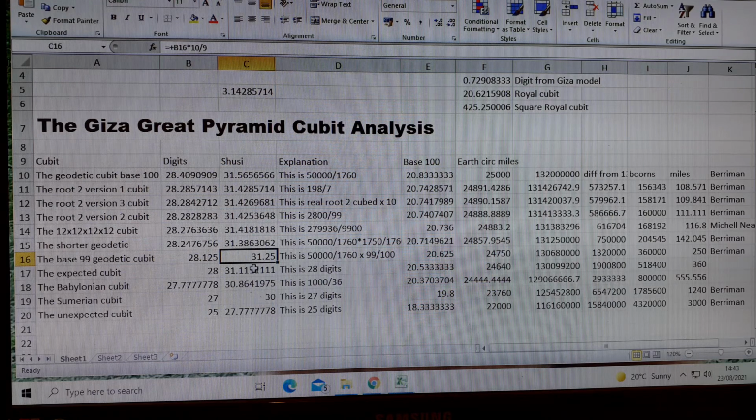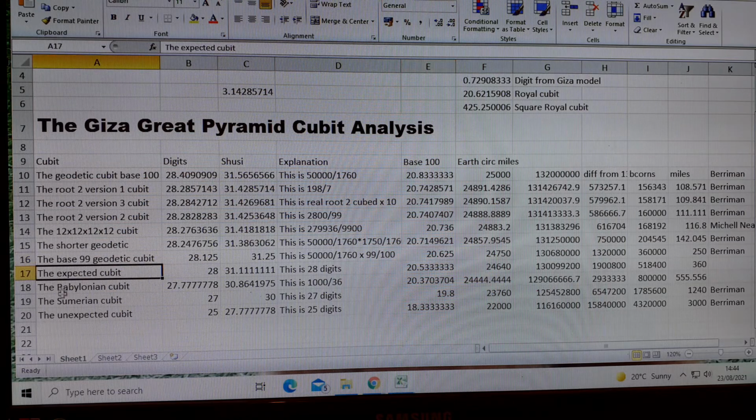I did get mixed up with that. 3.125 Babylonian pi, set with 20.625. We've already discussed this, so that's not unexpected. But it's just showing us that we're bang on the money with this interpretation here.